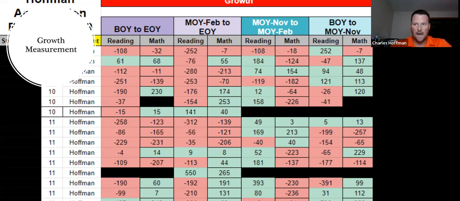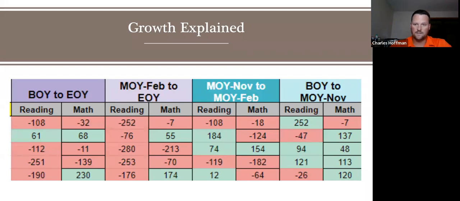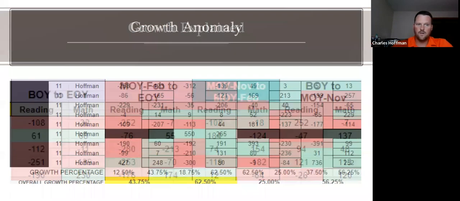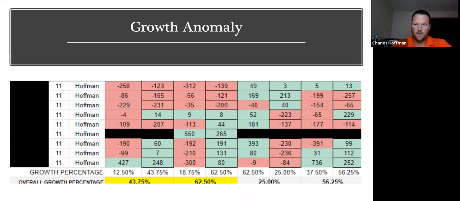So we'll talk about how to improve that and our strengths and our weaknesses. So again, I just kind of explained that there, beginning of year, how those students grew or did not grow during the school year. And then here is the bottom of that. And that's the growth anomaly that I was talking about, that all of those students practically just guessed and moved on.